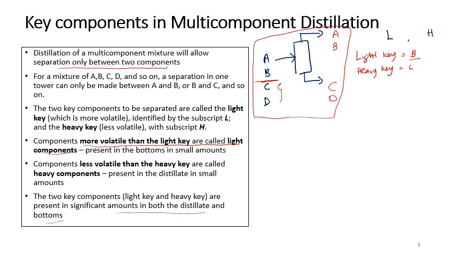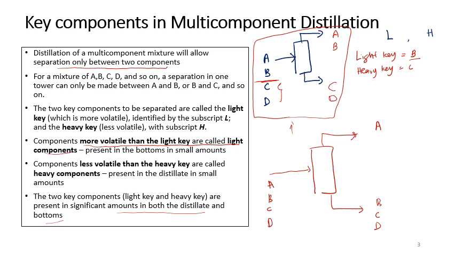But this is not necessarily the case. Let's say if you have A, B, C, D, it's not that you have to choose B as the light key and C as the heavy key. It could be that you want to choose A as the light key and B as the heavy key. So instead of splitting A, B, C, D like what you have here, you would have A and then B, C, D, depending on your heuristic, like what I mentioned in part 1, for the arrangement of the distillation column.